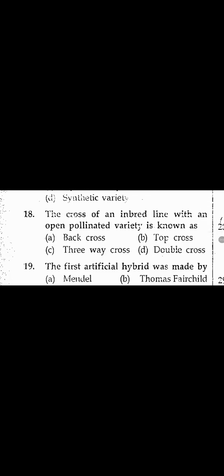Question number 17. An example of a heterozygous but homozygous population is option C, hybrid variety. Question number 18. The cross of an inbred line with an open pollinated variety is known as the top cross. Question number 19. The artificial hybrid was made by Thomas Fairchild.